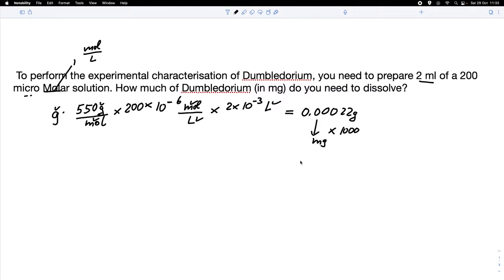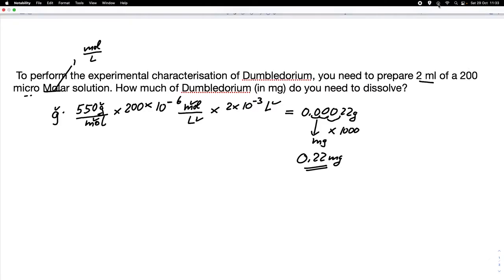So we can just shift the decimal point 3 places to the right, and we would get 0.22 milligram as our solution here. So we would have to weigh in 0.22 milligram to make up this 2 milliliters of a 200 micromolar solution.